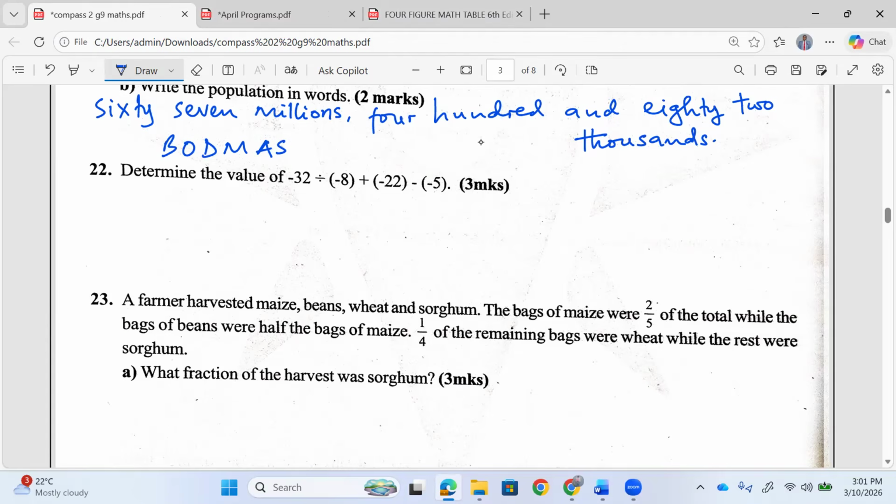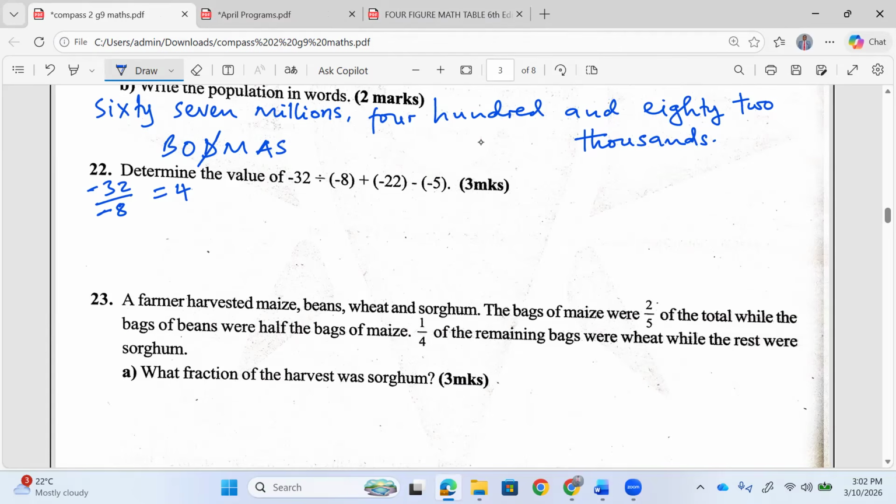We have a division. So division, that's where we're starting. Negative 32 divided by negative 8 becomes positive 4 because the negatives cancel.